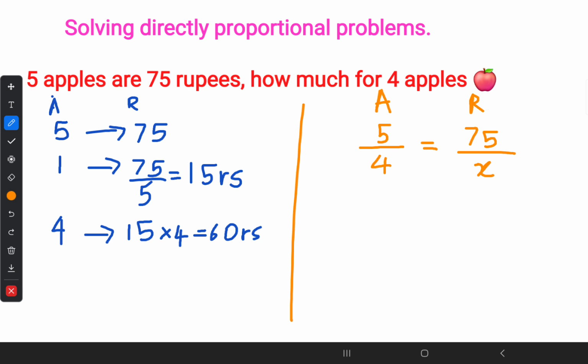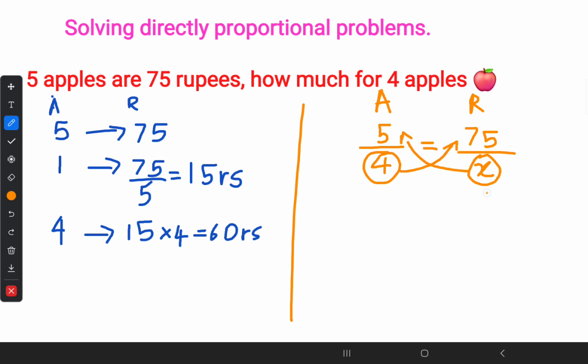By making X the subject of this expression, you can find the amount X. Since these are two fractions with an equals sign in between, this is called cross multiplication. The denominator of the second fraction should be multiplied here, and the denominator of the first fraction should be multiplied over here.